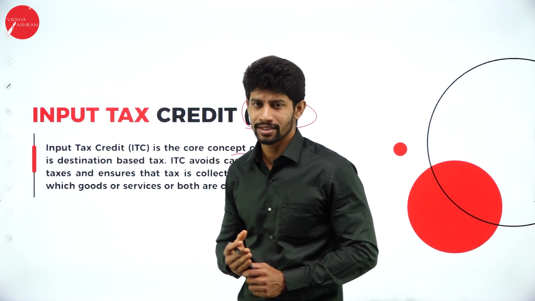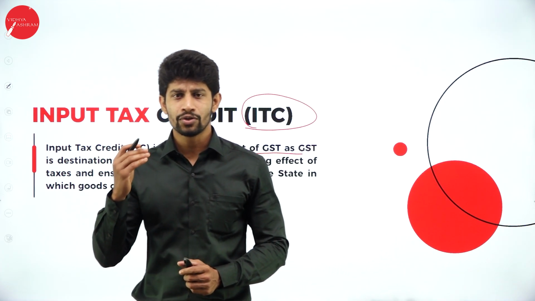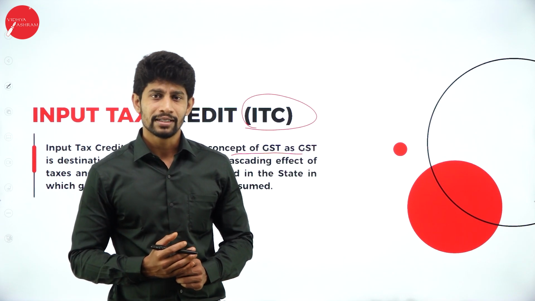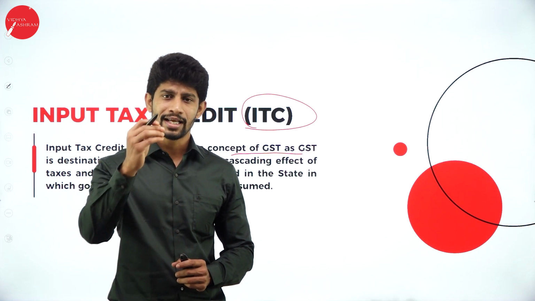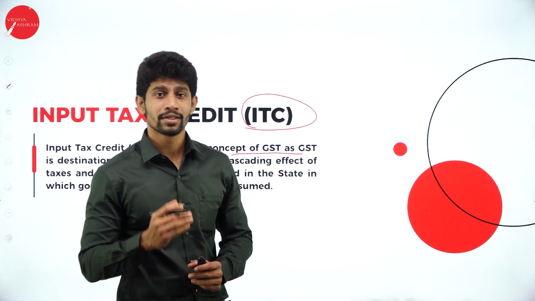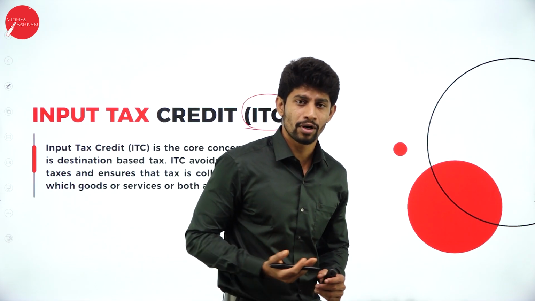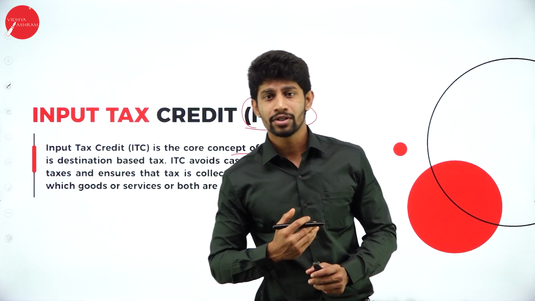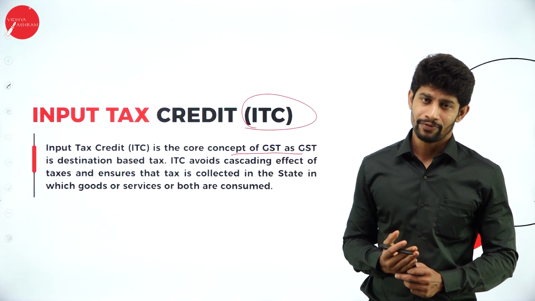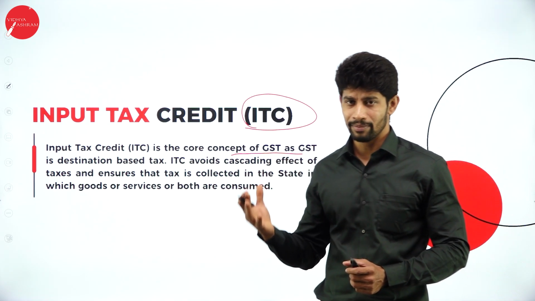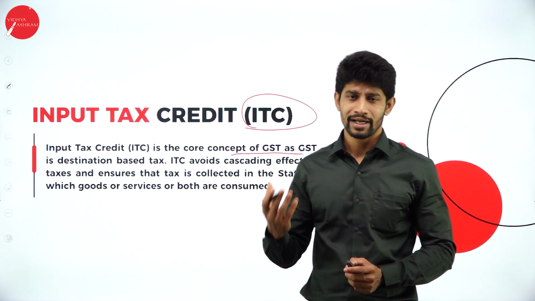Destination based tax is nothing but the ultimate user of the product or the ultimate user of the services is liable to pay the GST, not the person who manufacture the product or not the person who provide the service or not any middlemen like the wholesalers or the retailers.